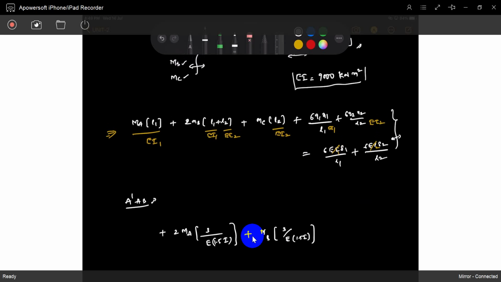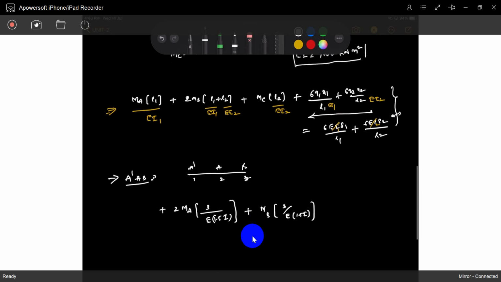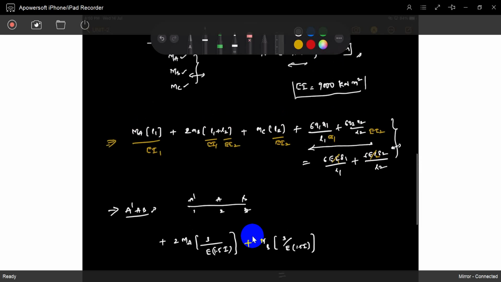Now we will consider this span A dash, A and B. So 6A1x1, 6A2x2, these are the loading conditions. These are divided with respect to loading. There is no loading, just avoid it. It is equal to 6EI delta 1.